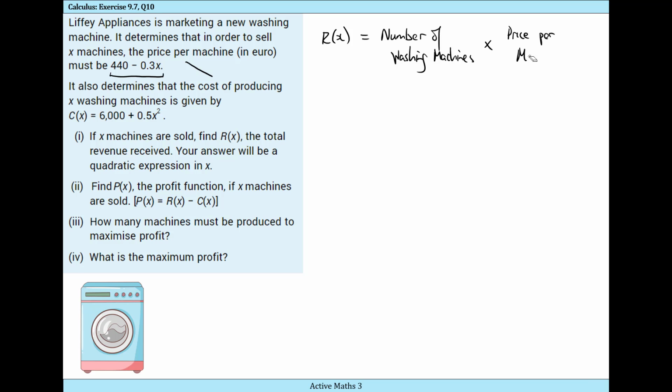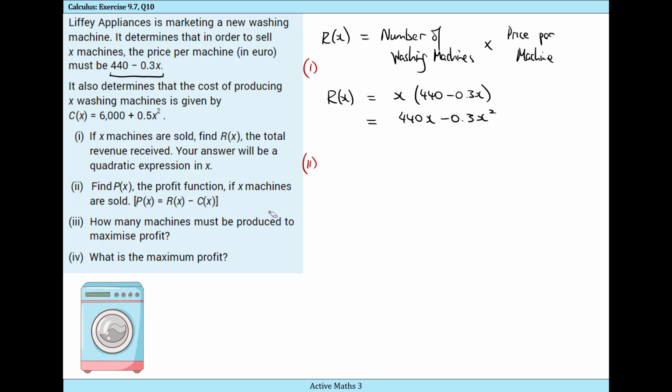So the revenue is x multiplied by 440 minus 0.3x. If we multiply this out to tidy it up, we have 440x minus 0.3x squared. So that's part one of the question.